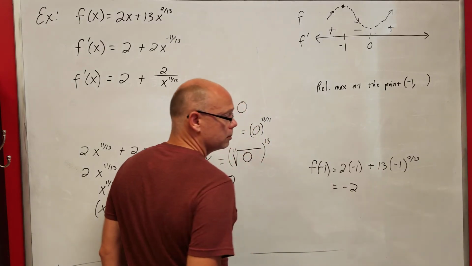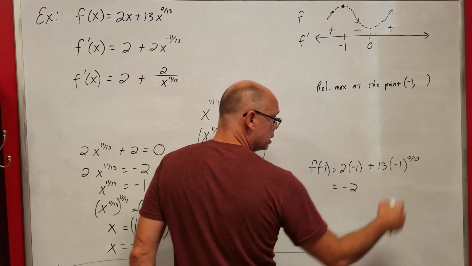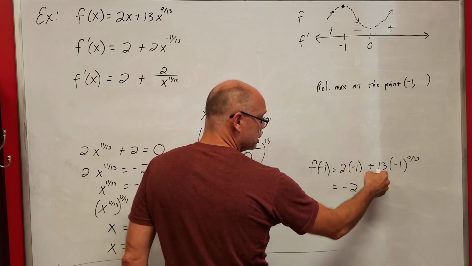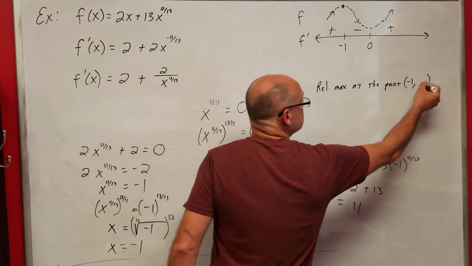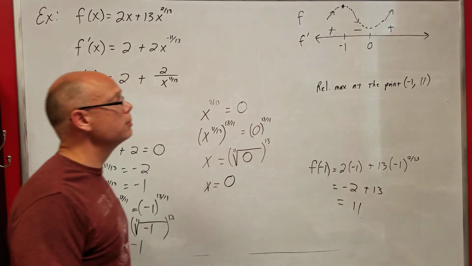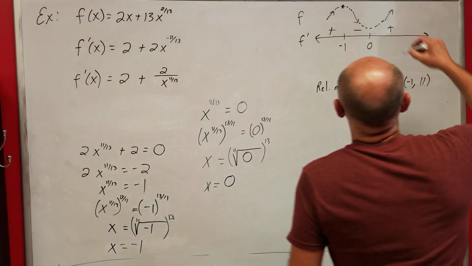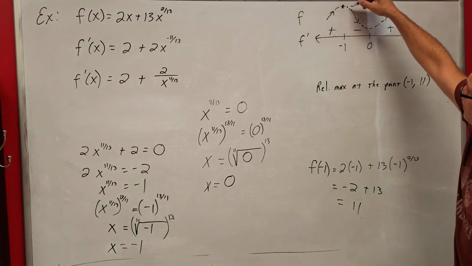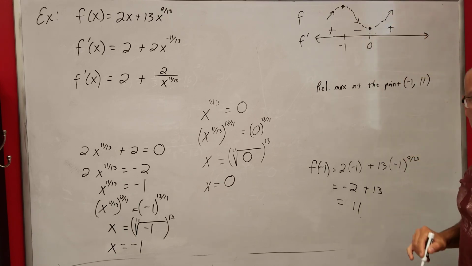What about this one? What's the 13th root of -1? -1. -1 squared is what? 1. 1 times 13 is what? 13. So what does that give me? 11. So I have a relative max at the point -1, 11. What about when my function f goes from decreasing to increasing? I'm going to have a relative what there?